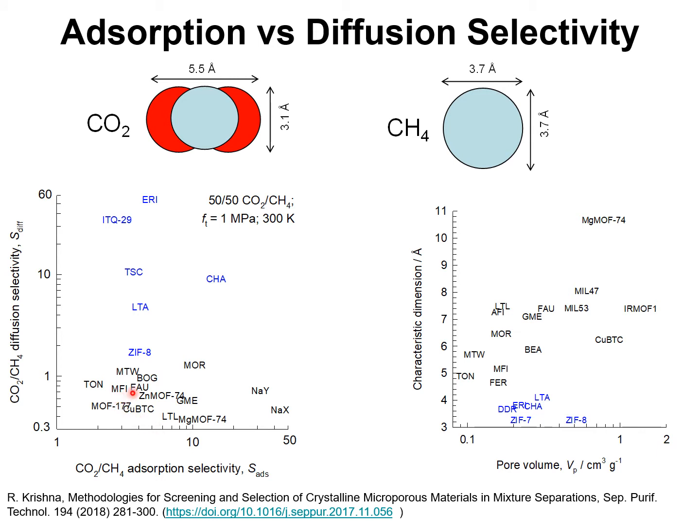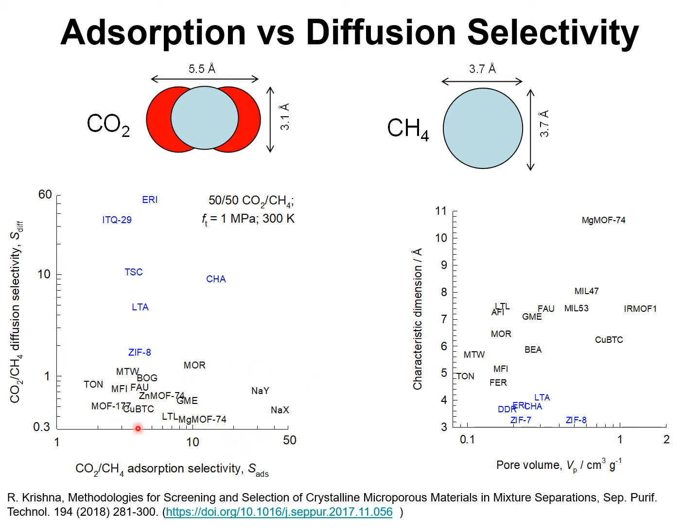However, for the materials marked in black that include Heulandite, NaY zeolite, magnesium MOF-74, mordenite, copper BTC, zinc MOF-74, MFI zeolite, MOF-177, MTW, GME, LTL, you name it, there are several others.